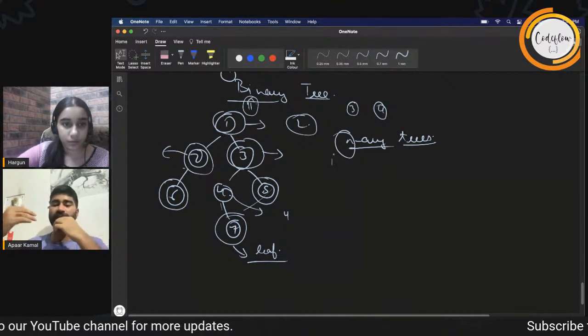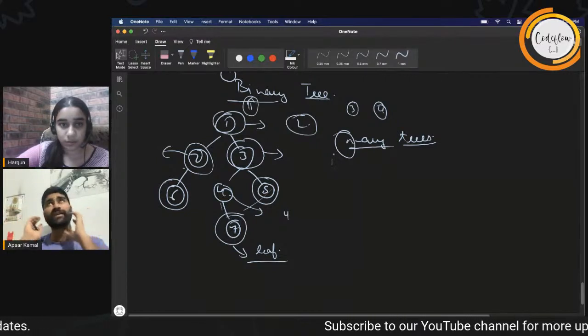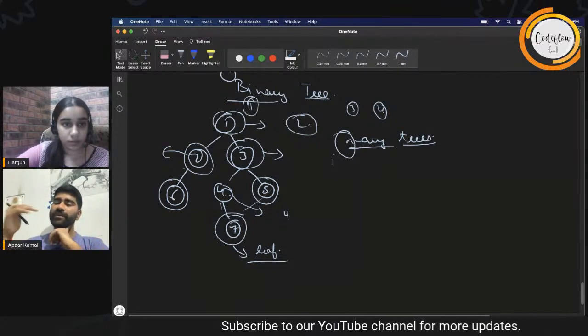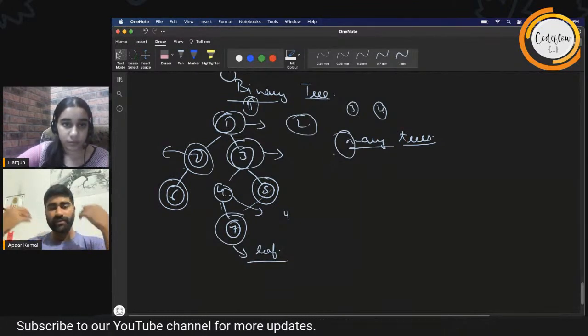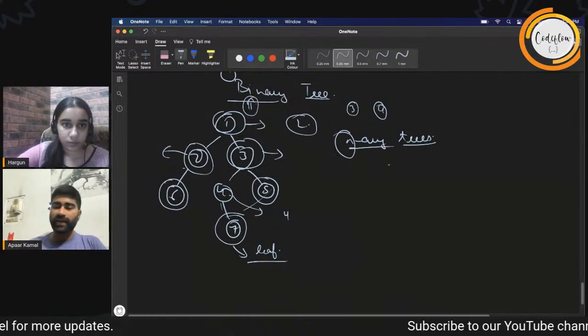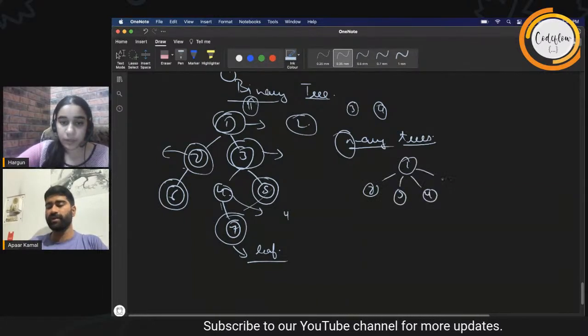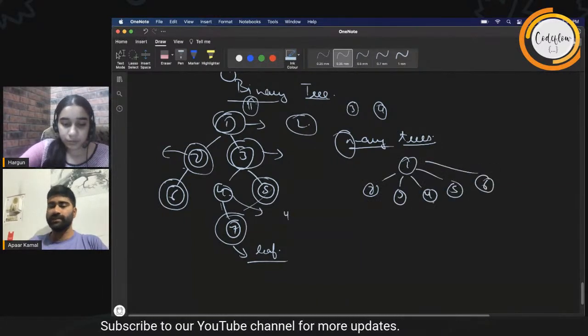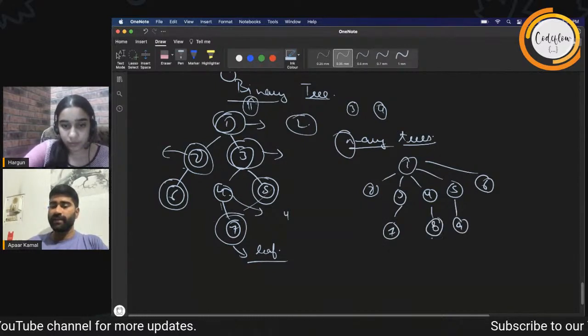So there is no strict limitation, right? There is a word for that, I'm forgetting that word. Leave. So there is no limit on children, right? So it can have n number of children here. So yeah, let's make some examples. 1, 2, 3, 4, 5, 6, 7, 8, 9, 10.